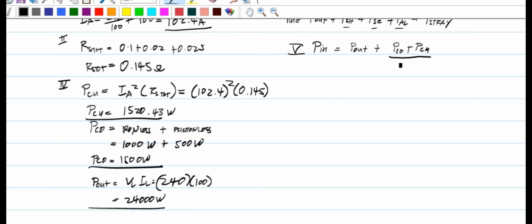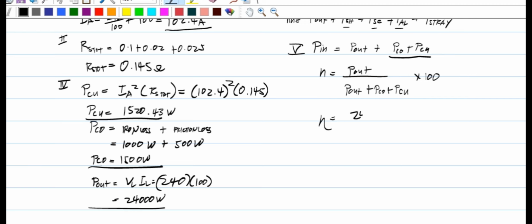PCO and PCU are the total losses of the generator. Therefore, the efficiency is equal to P out over P out plus PCO plus PCU, times 100.